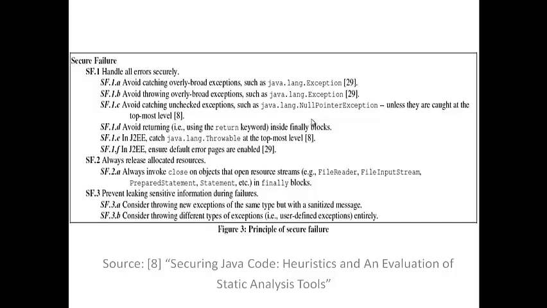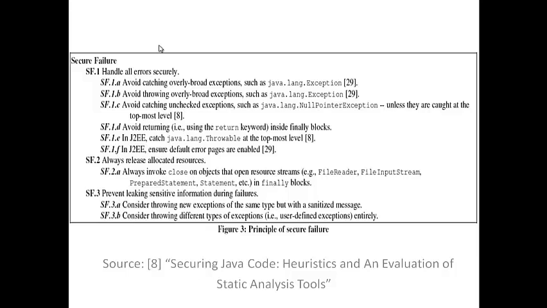Next, let's talk about a part of the taxonomy that is specified by the authors in this paper. Even when an application is about to throw an error, there needs to be a secure way to handle it. They call it secure failure. Let's talk about SF1A in detail, for example. It says avoid catching overly broad exceptions such as java.lang.Exception.